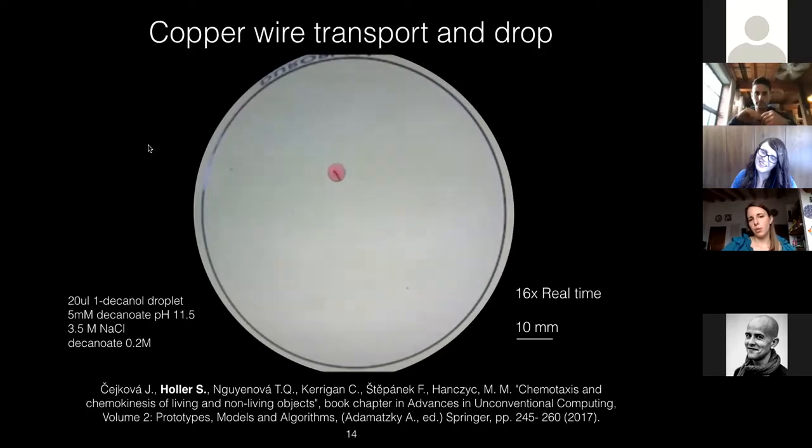And as you see from the video, the droplet is moving even the copper wire with itself. But at the end, we were even able to detach the copper wire from its binding with the, yes, Itka.